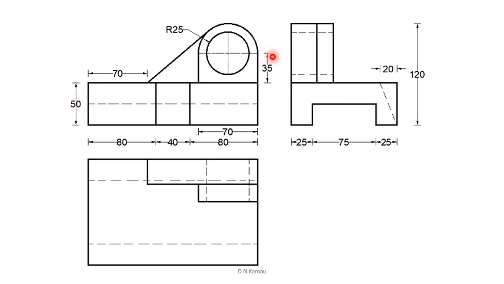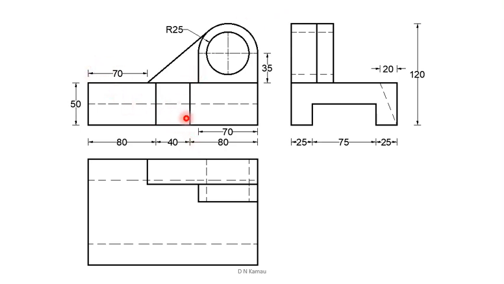We can get the dimension of this by subtracting this from that, and we can also get the dimension of that to the center there, and we have also indicated the radius of that. Therefore, there is no dimension that is missing.